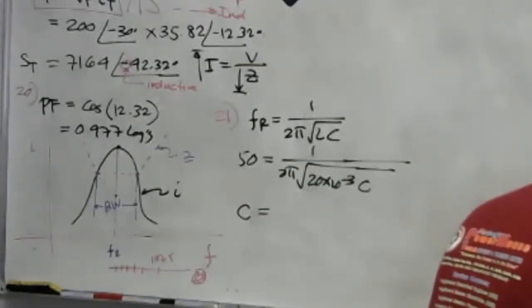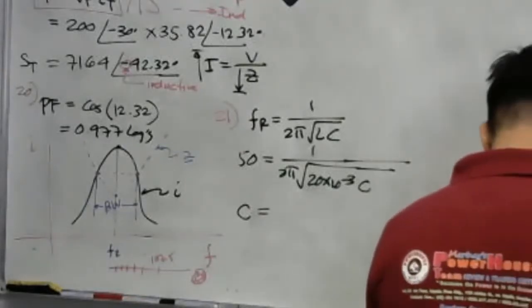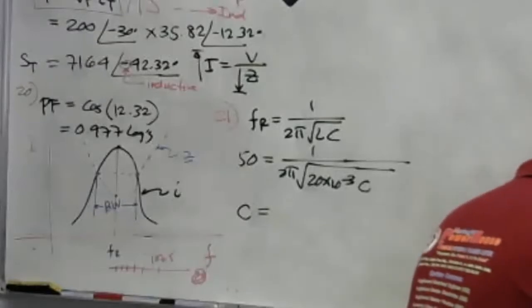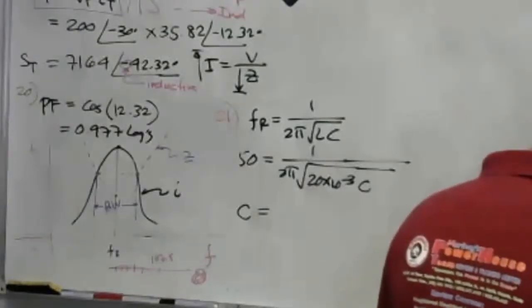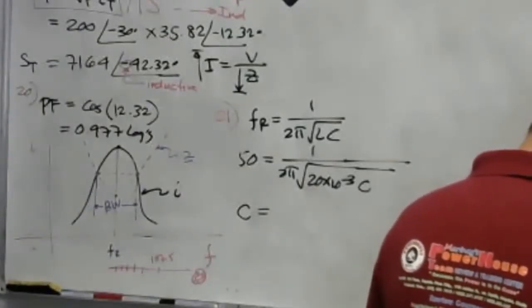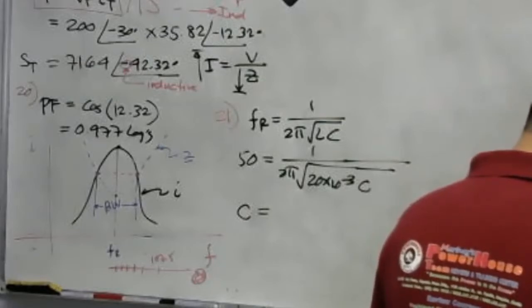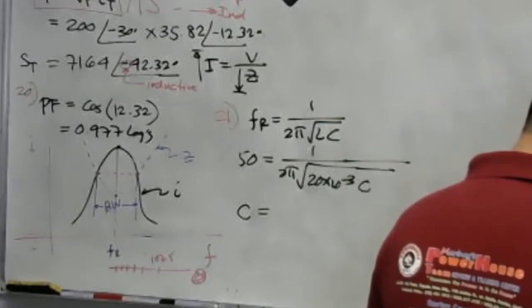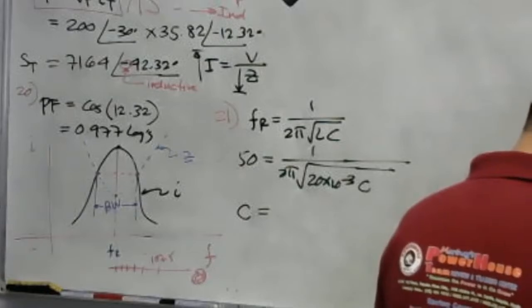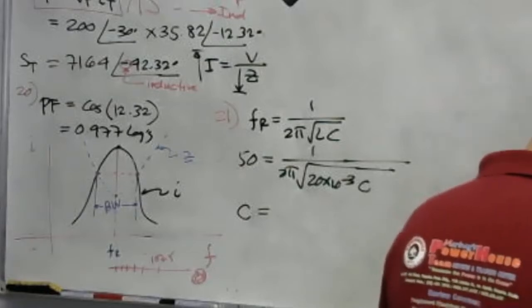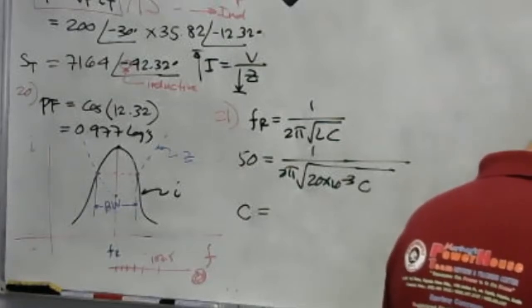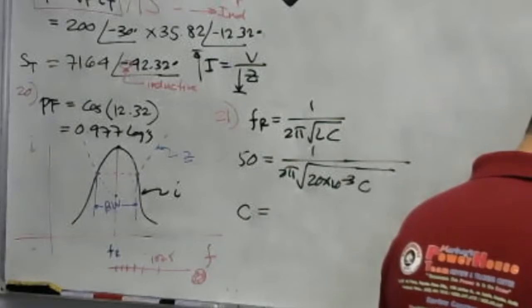20 milli, approximately. Is this 506? You can try, no? Let's try. So we have here 1 over 2 pi, then square root of L, so 20 times 10 raised to negative 3.